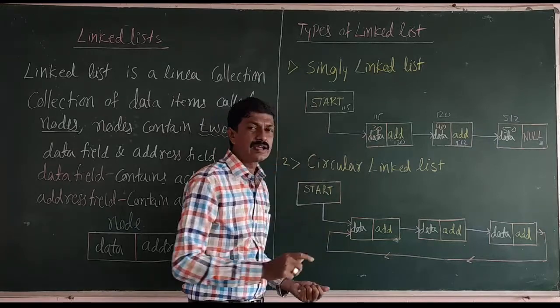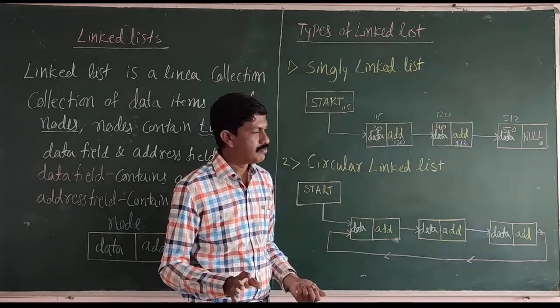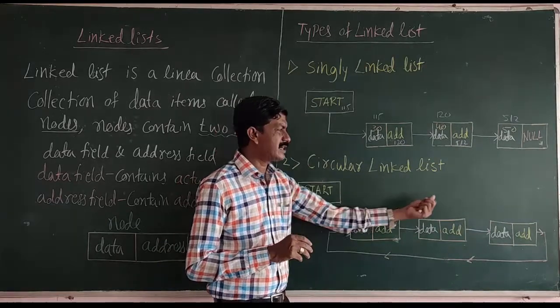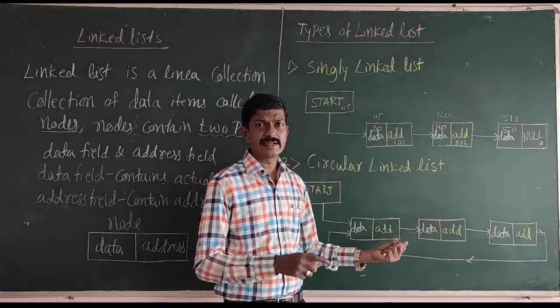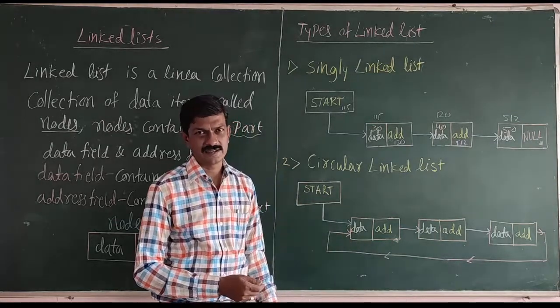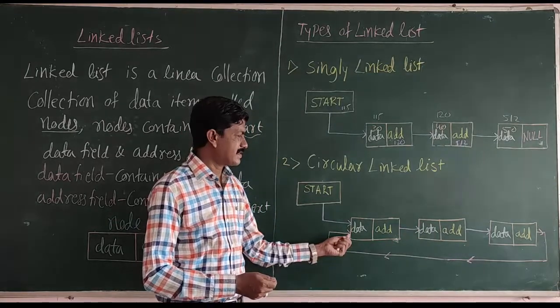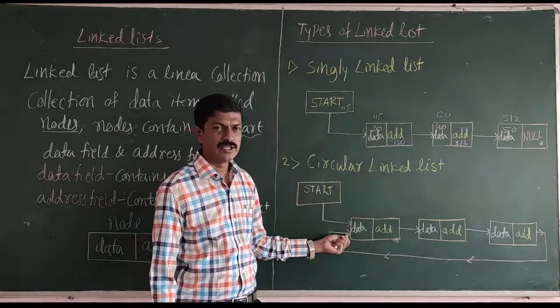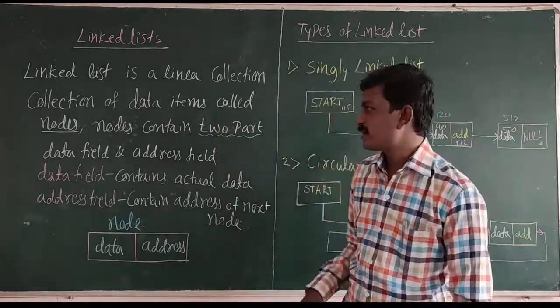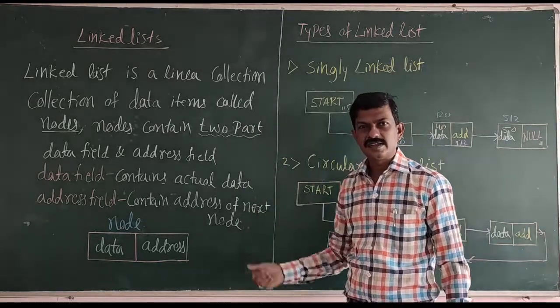But in the circular linked list, that is not the case, because the last node contains the address of the first node, so visiting the last node redirects to the first node of the given data structure. That is the circular linked list. Another one is there, which we are going to discuss in the next class.